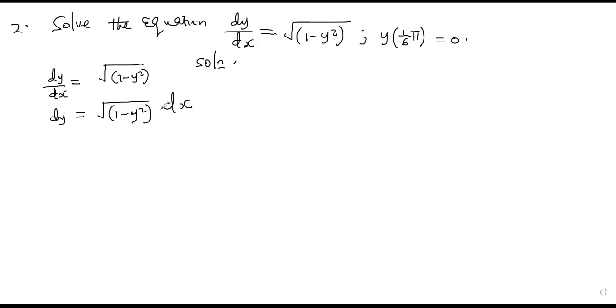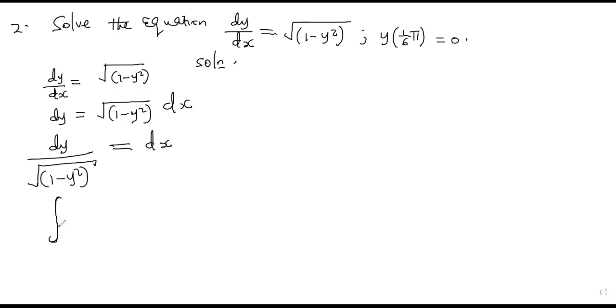Then we separate variables further, so you divide by this so that the dy comes this side, and the root of 1 minus y squared this side, is equal to dx. Then the second step after having separated the variables is to integrate both sides.